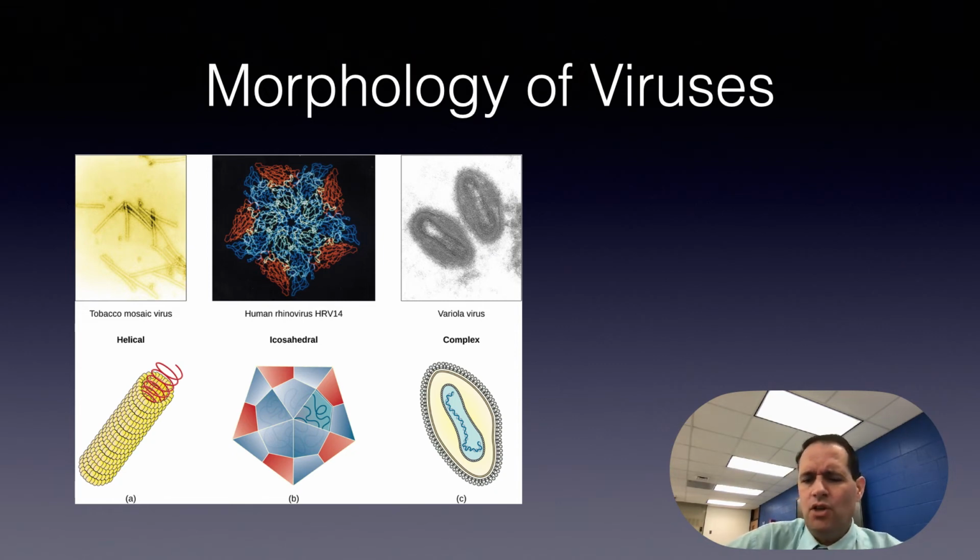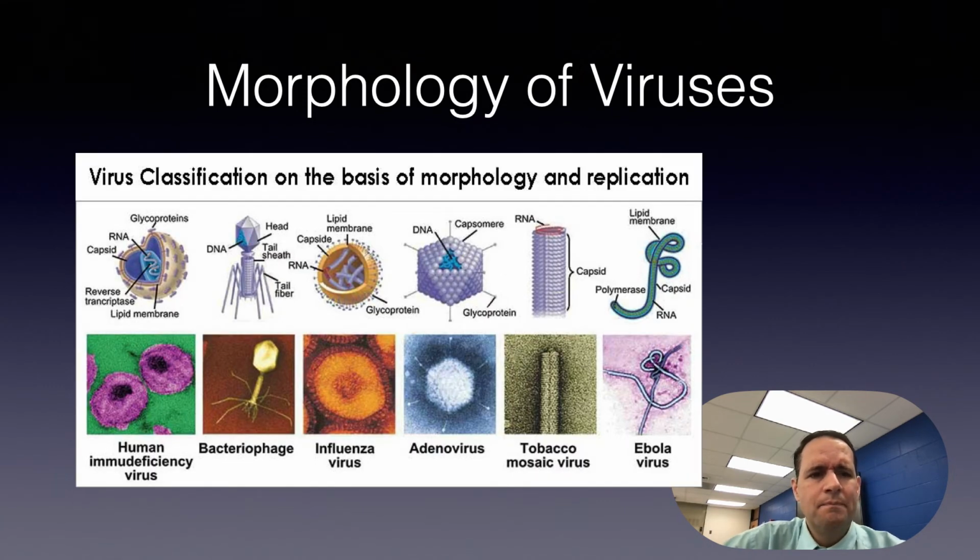This figure might be a little hard to see. Let's take a look at another one. And so here we see different sizes and shapes of things, okay? In general, the capsids of viruses are classified into 4 groups. Helical, okay? This tobacco mosaic virus is a helical one. Icosahedral.